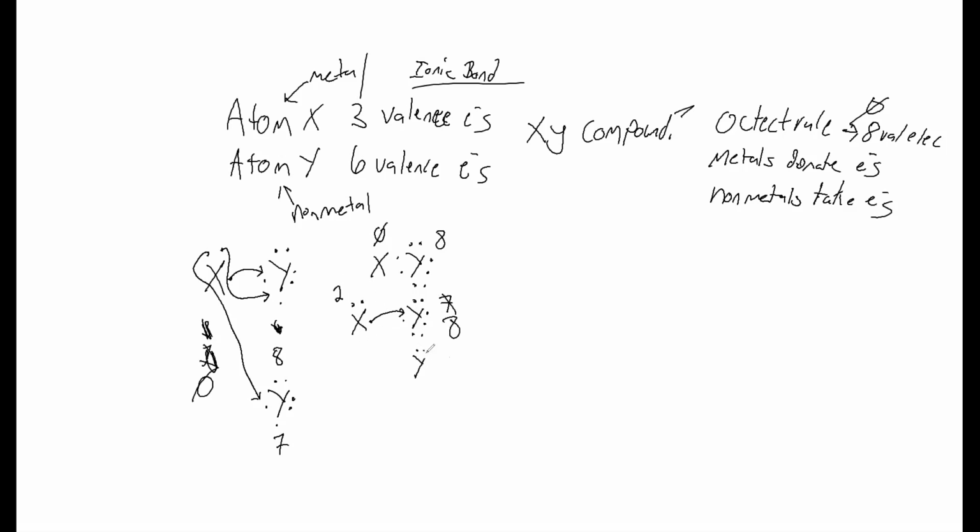That X isn't happy. So to get rid of valence electrons, we have to bring in another Y, give it here. Give the 2 electrons away here. This Y has 8. This X has 0. Let me rewrite it neater. And sorry, my Y's and X's look alike, I know.